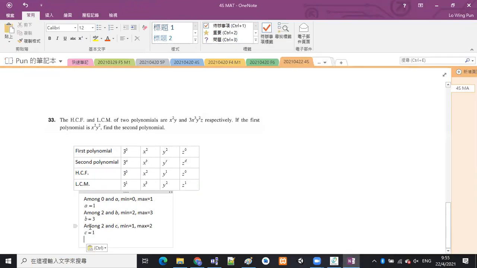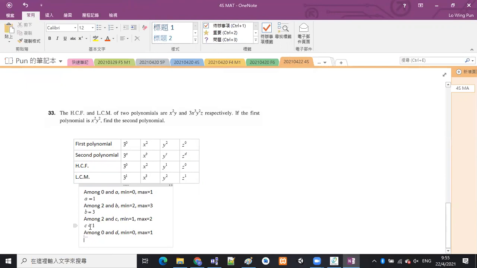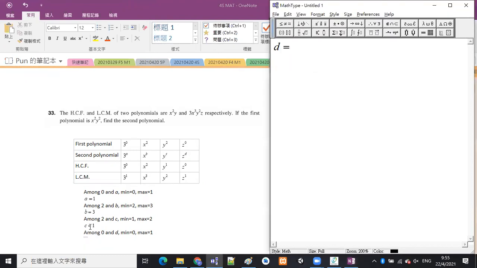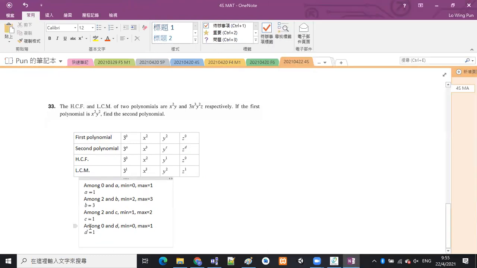For the fourth column, among 0 and D, I need the minimum to be 0 and the maximum to be 1. The minimum is here already, but we do not have the maximum. So the unknown D should be equal to the maximum, that is 1.